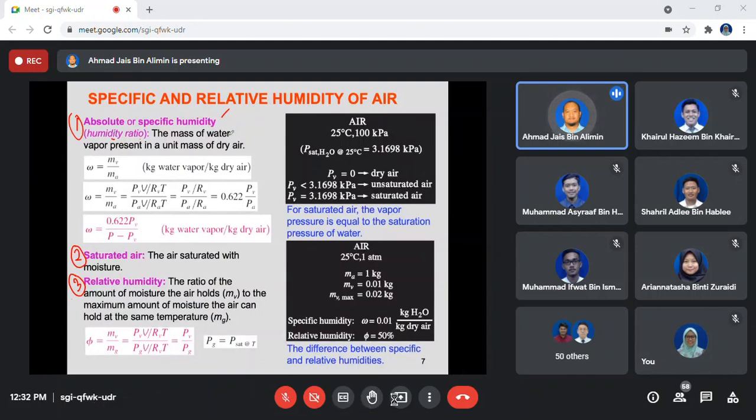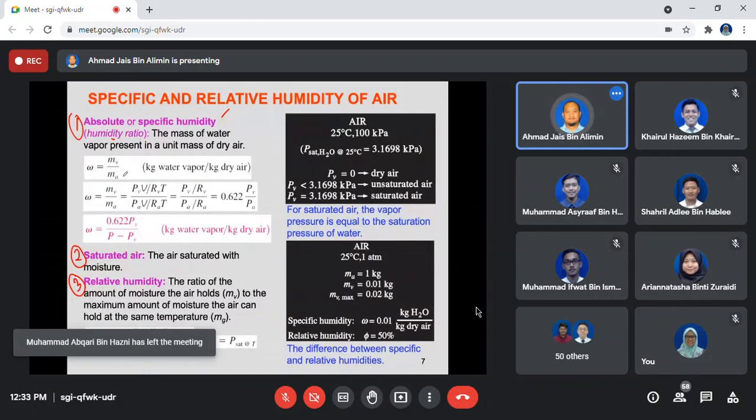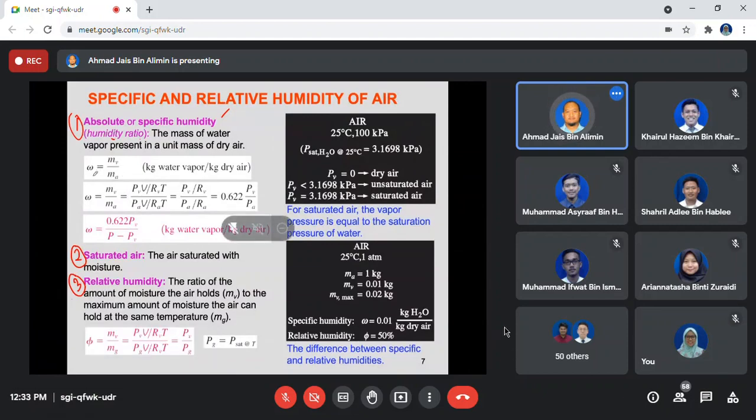By definition, it is defined as the mass of water vapor present in a unit mass of dry air. It's the ratio between the mass of the vapor against the mass of the dry air. So the symbol is omega. It's not W, it's omega. A unit mass of water vapor, so 1 kilogram of water vapor divided by 1 kilogram of dry air.